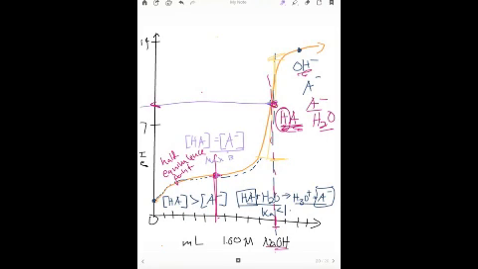Since the concentrations of our weak acid and our conjugate base are equal, this is also a point called the maximum buffer capacity. This is a buffer because at this point in the titration, there is both the weak acid and its conjugate base, and they share a common ion.